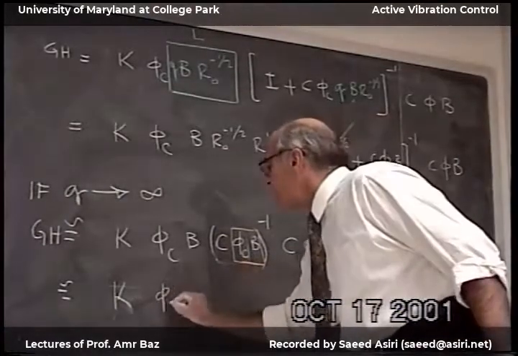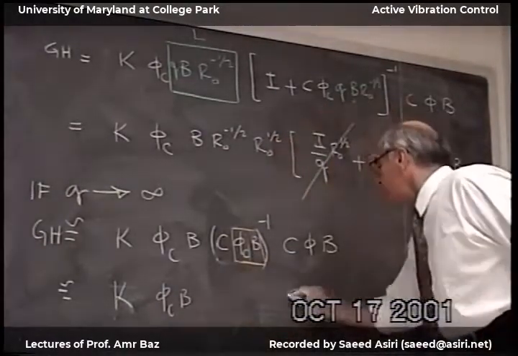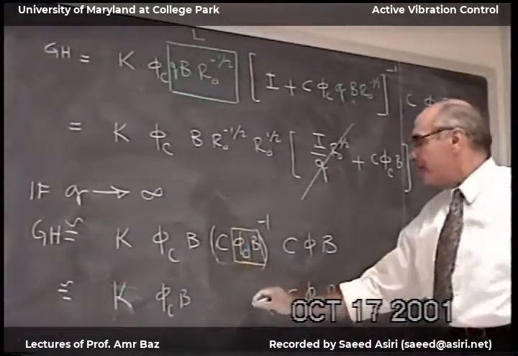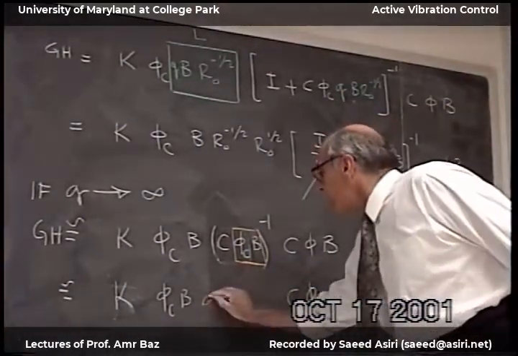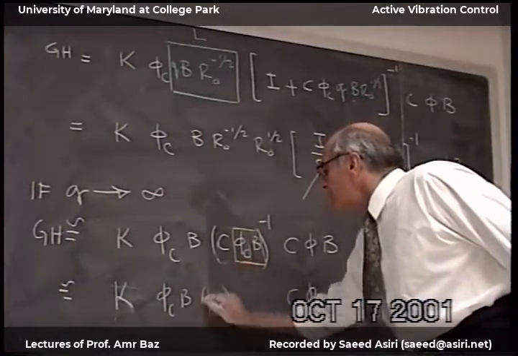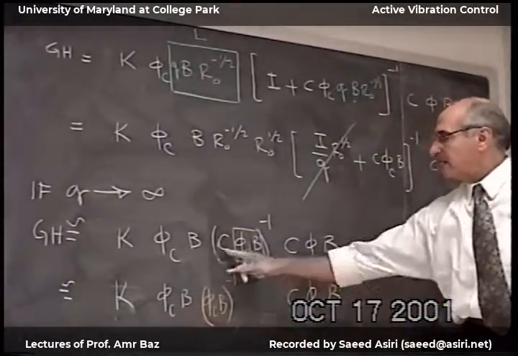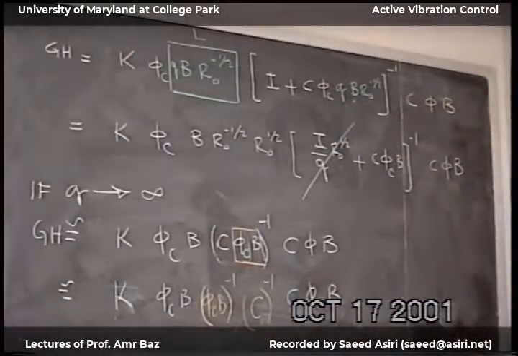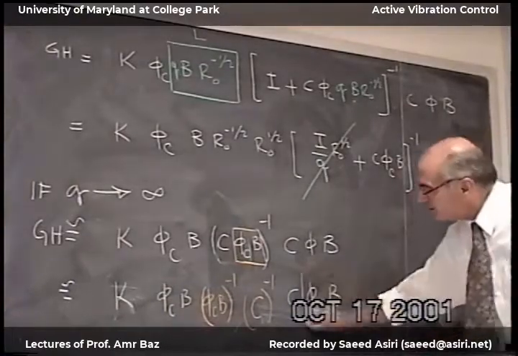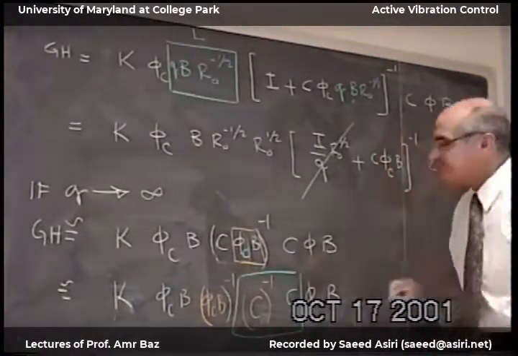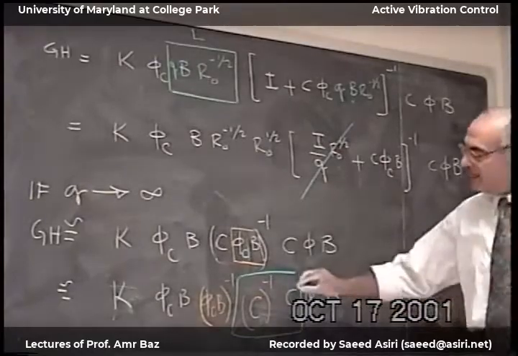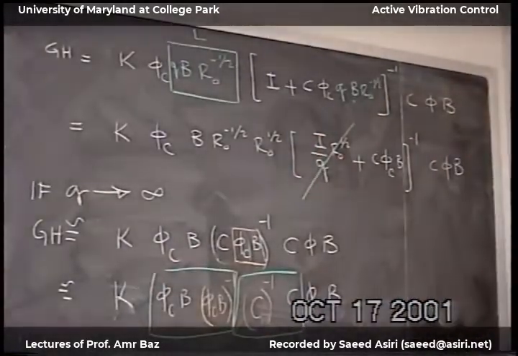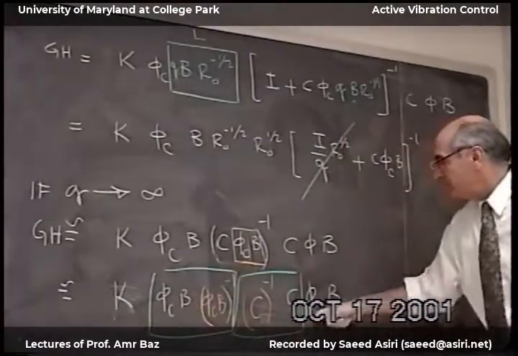So I have here phi, C, and B, C, phi, and B. This will be phi, C, B inverse, and then this will be C inverse. Now this and this will be identity. This and this will be identity. And what's left is K, phi, and B.